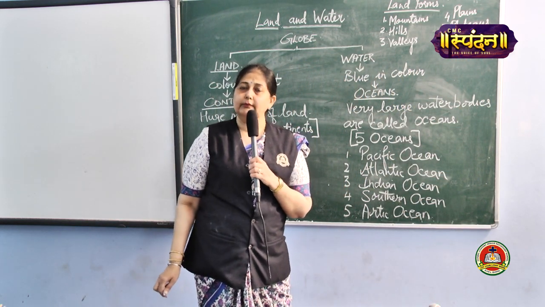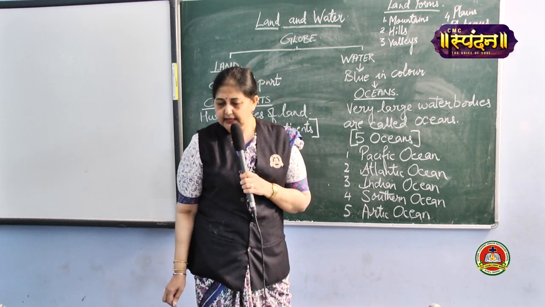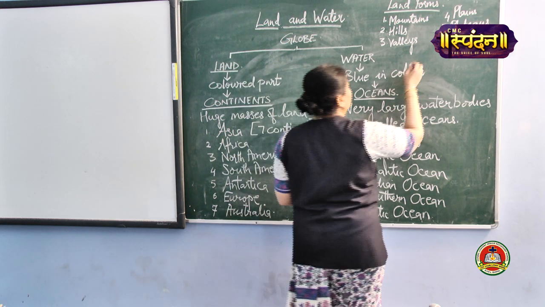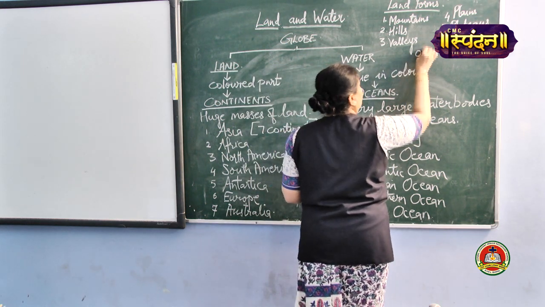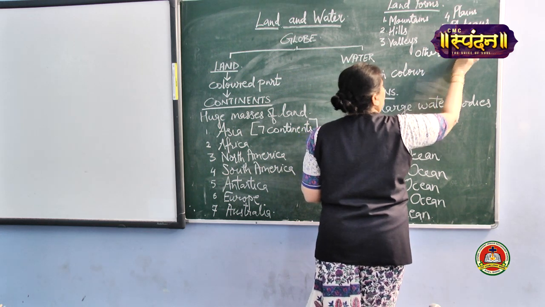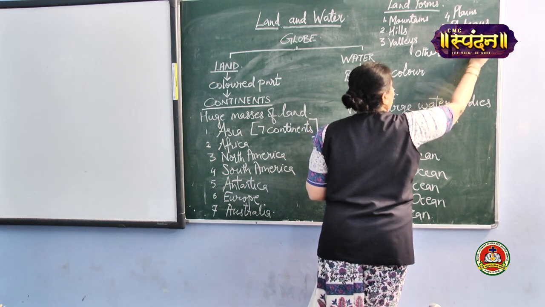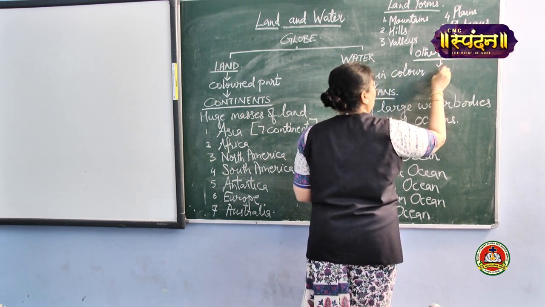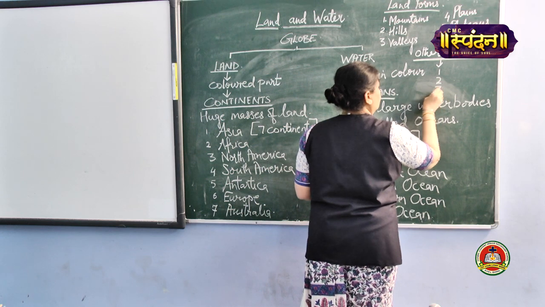Plus you have 3 more other landforms. Other landforms are 3, and these are 3 again: 1, 2 and 3.